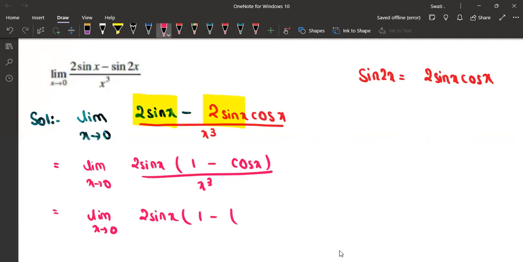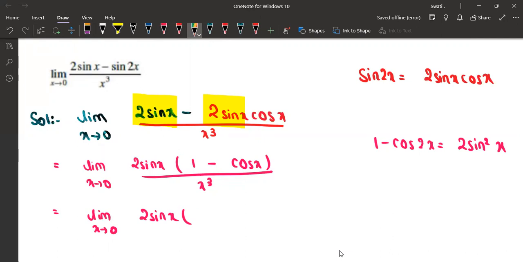So what is the formula? Let's understand. We know that 1 minus cos 2x is 2 sine square x. We can also do one thing: instead of writing as it is in cos x, using the formula for cos x, it's better if I directly use it for this. So we know the formula 1 minus cos 2x is 2 sine square x.